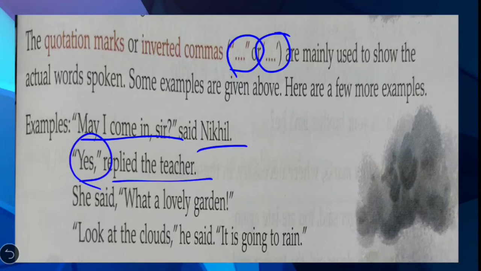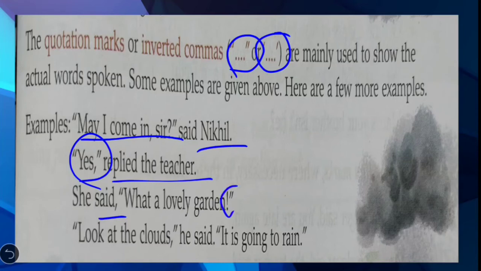She said, "What a lovely garden!" Now look at "she said": before or after the quotation, we have to put a comma in written conversation. "What a lovely garden" is an exclamatory sentence, so we have to put an exclamation mark.